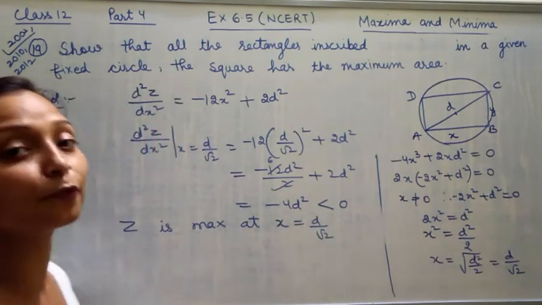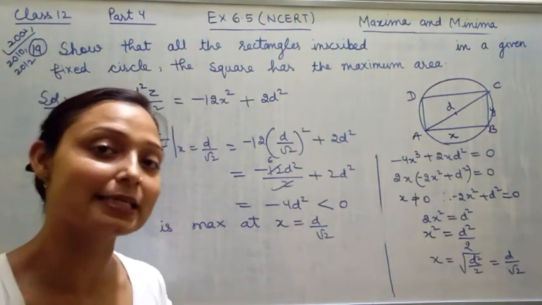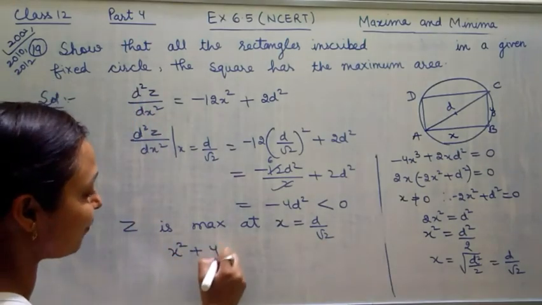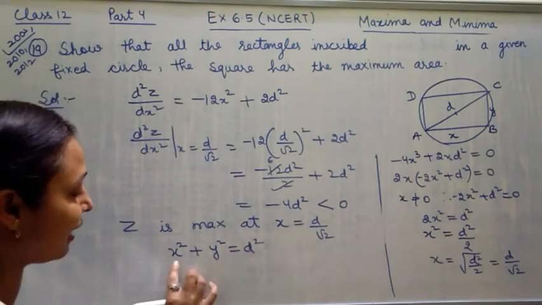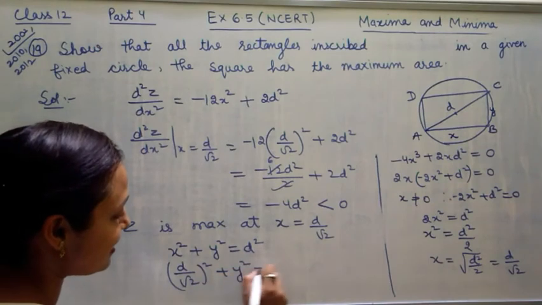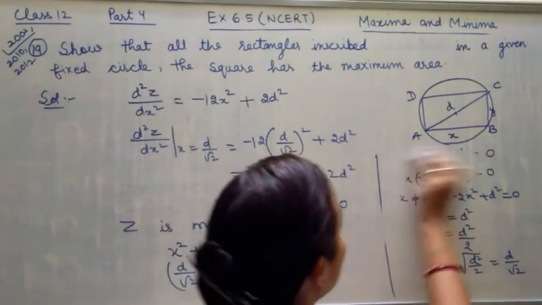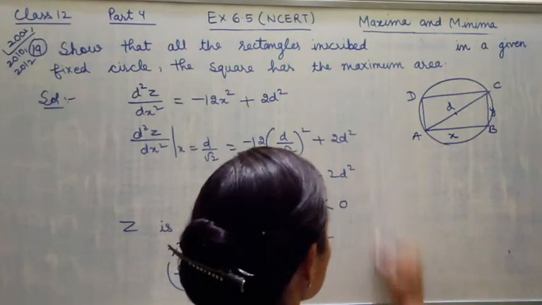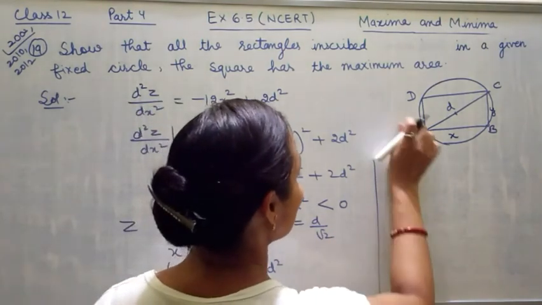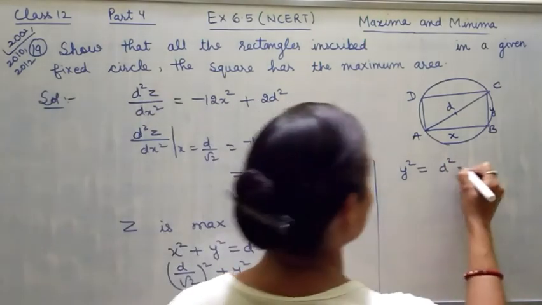One thing is proved. Now the second thing is you have to prove x is equal to y so that it becomes a square. So I will take x square plus y square is equal to d square. I will put the value of x, that is d by root 2 whole square, plus y square is equal to d square. In the next step, I will find the value of y square: y square is equal to d square minus d square by 2.